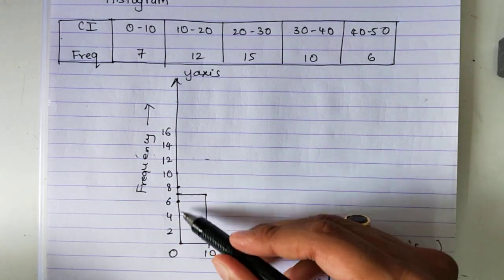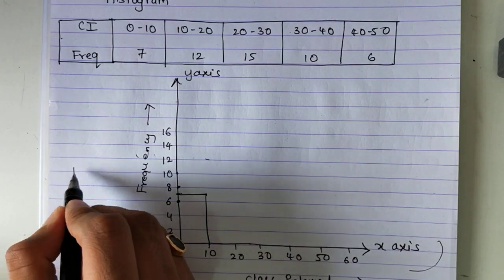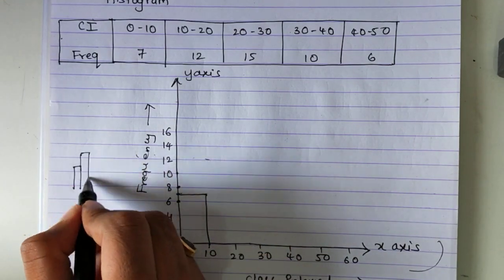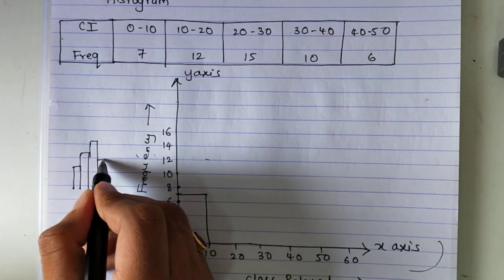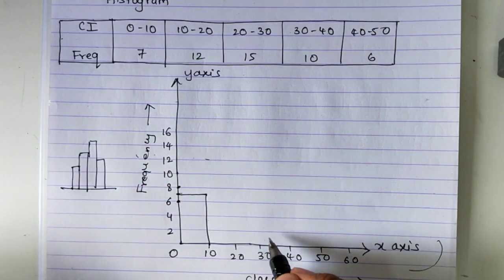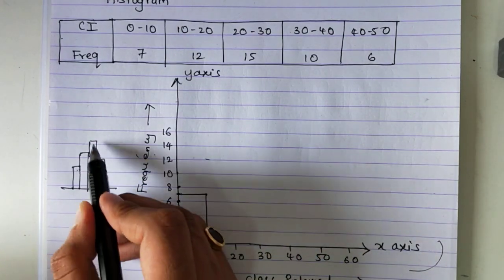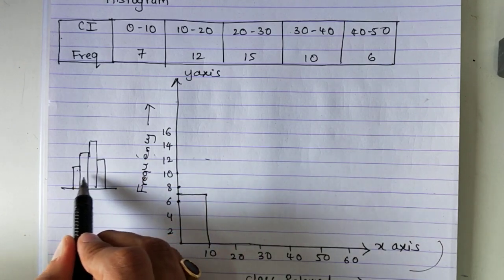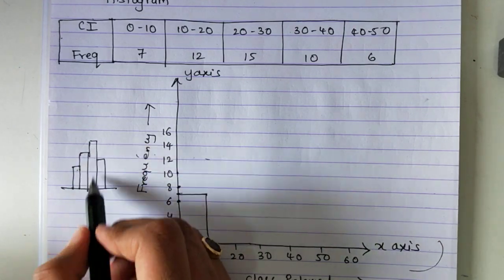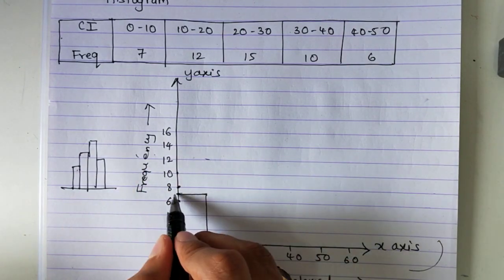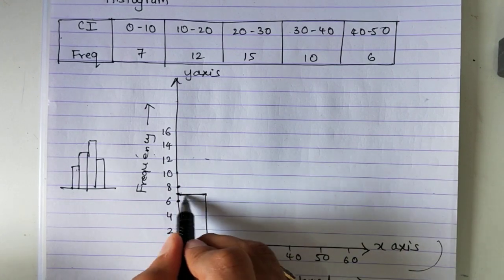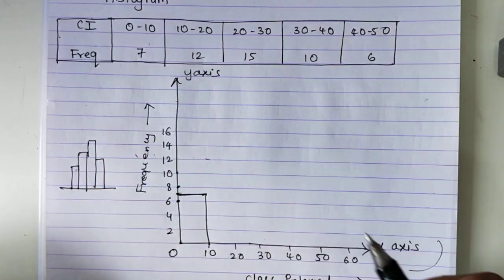This is called a bar. Your bar graph will be like this. These are called bars and they are adjacent to each other. There should not be any space in between them. So this is your first bar and the height of the bar is nothing but the frequency.